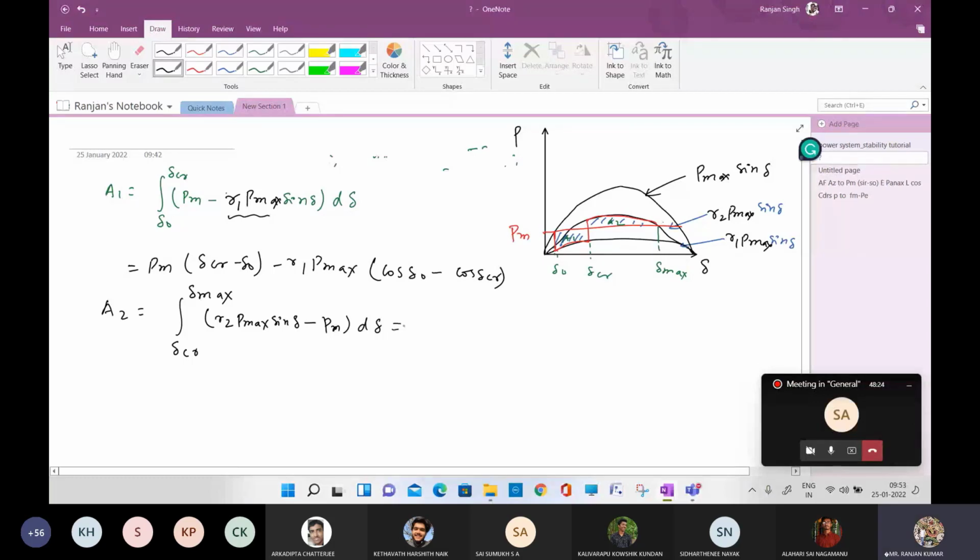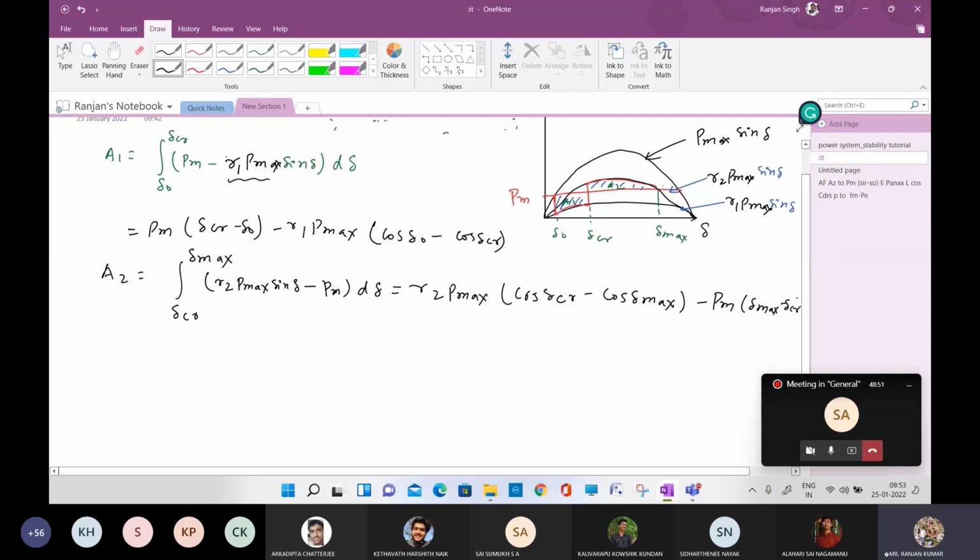It comes to r2 P max (cos del CR minus cos del max) minus Pm (del max minus del CR).